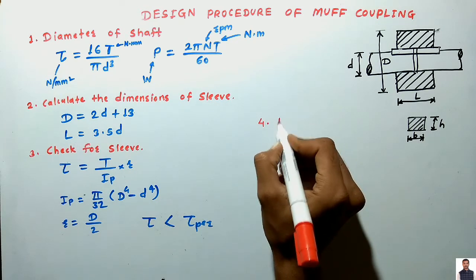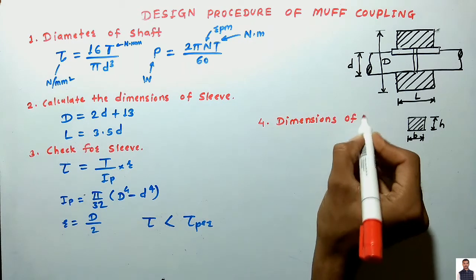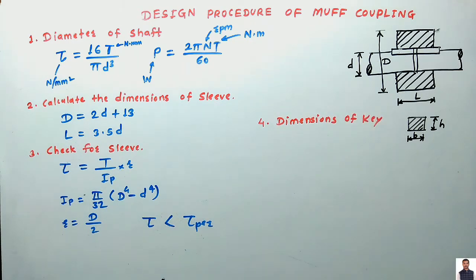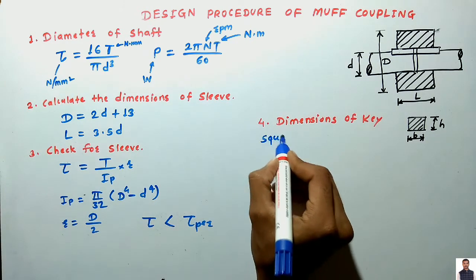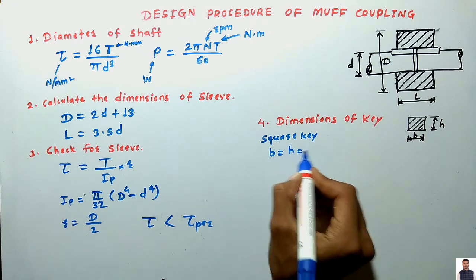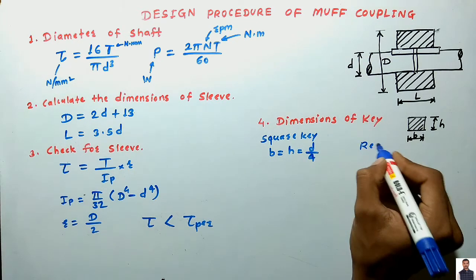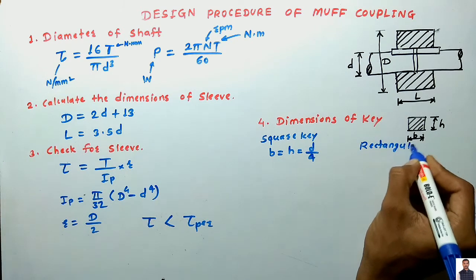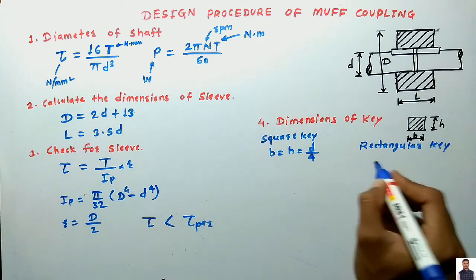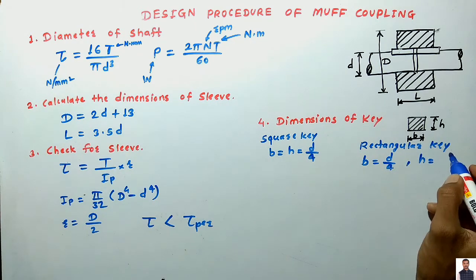For a square key, you know that b is equal to h is equal to d by 4, and for a rectangular key the dimensions are b is equal to d by 4 and h is equal to d by 6.